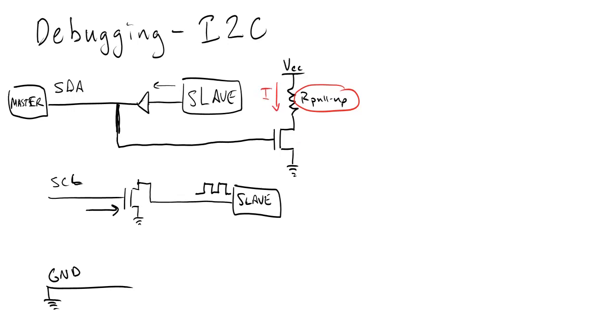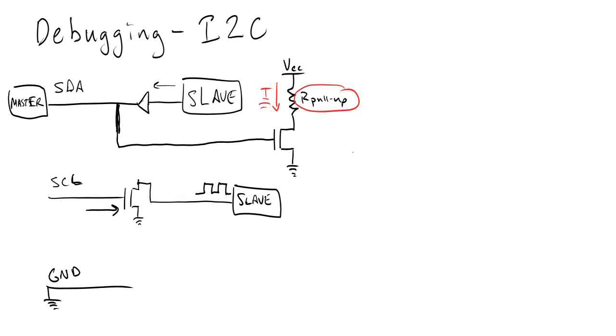And we know we want to minimize power in our circuits, especially on a battery powered device. We want to be as low power as possible. Sometimes it comes down to how much power we are using per byte sent on the I2C data bus. So we want our pull-up to be as big as possible because we want to minimize the current coming down through this resistor and then through the MOSFET.